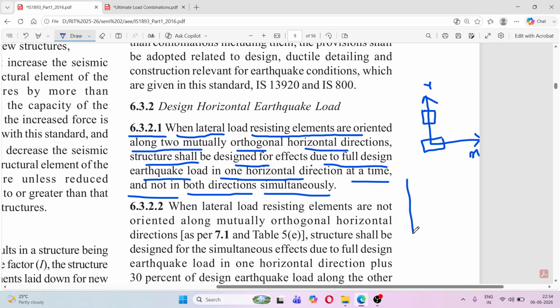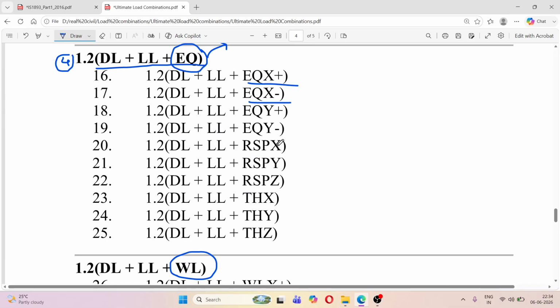For example, suppose there is no column like this or shear wall which is oriented at some angle. If this is the case, then you have to follow these load combinations.